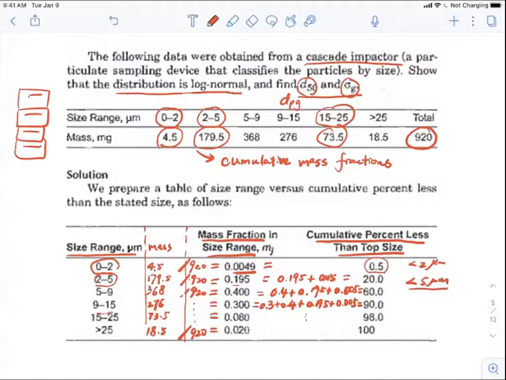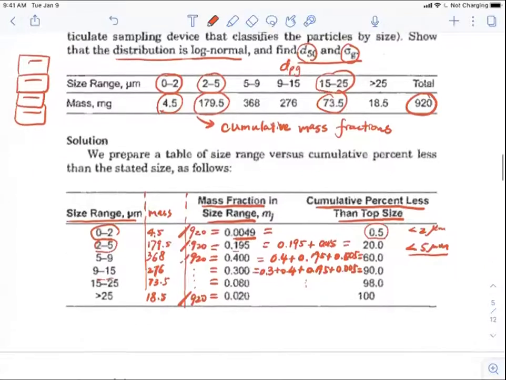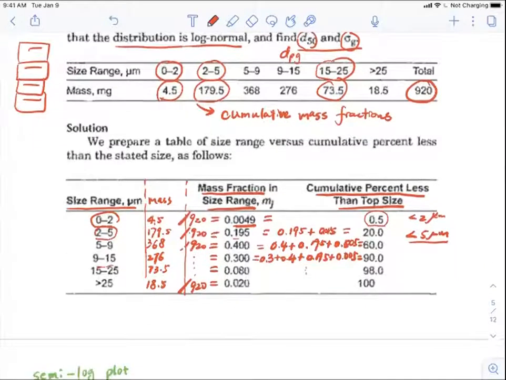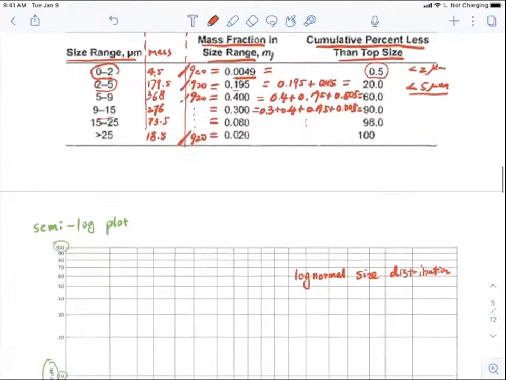So this is how we can calculate the cumulative mass fraction, just by adding the mass fractions in different stages together. Then you can find out the cumulative mass fraction corresponding to each size. And now we can start to label all of these points.